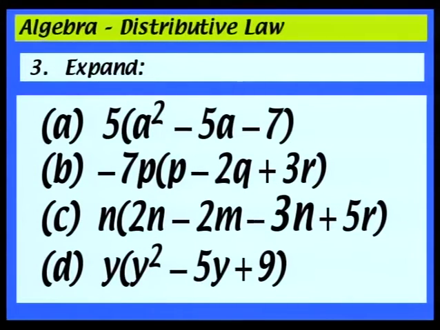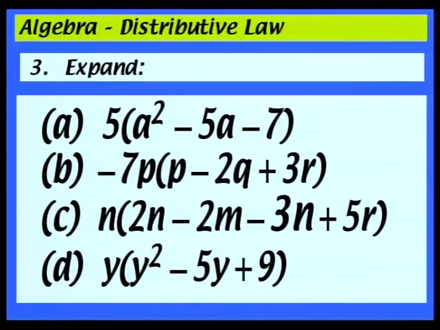Okay. D, Miriam? Sorry, C. 5n squared minus 2mn plus 5nr. Okay, say that again. 5n squared minus 2mn plus 5nr.